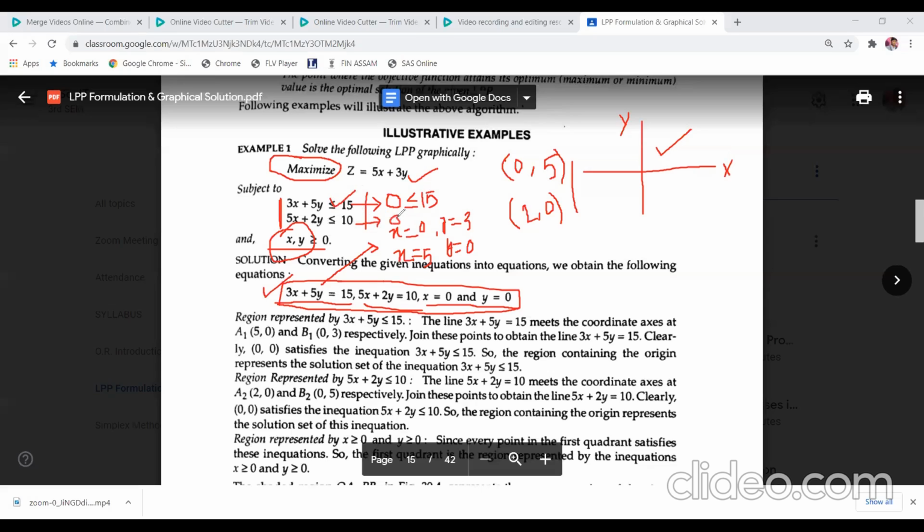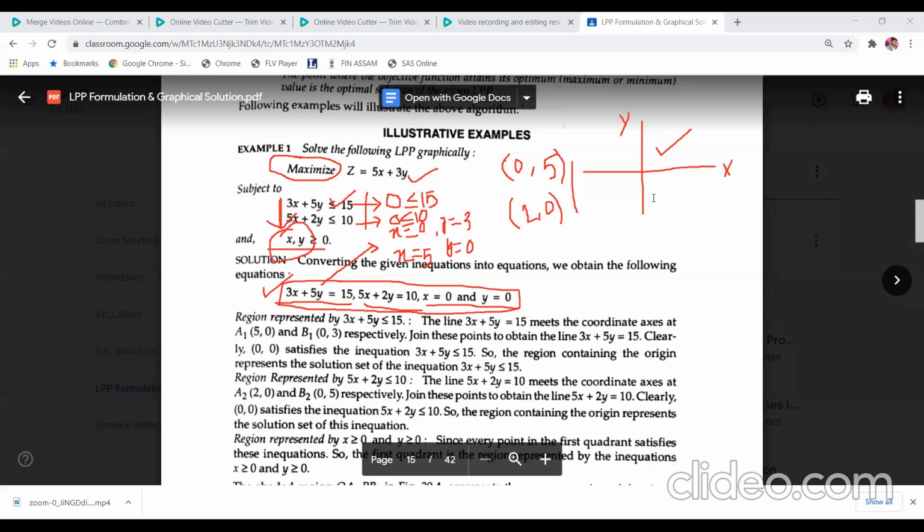That's also true. That means in both the inequations, origin lies in their solution region.